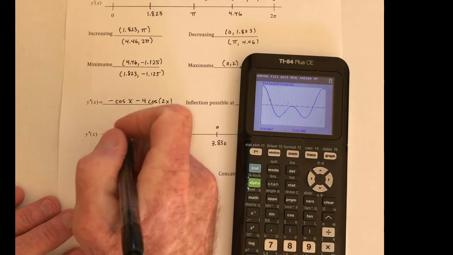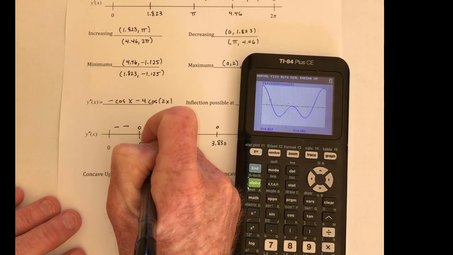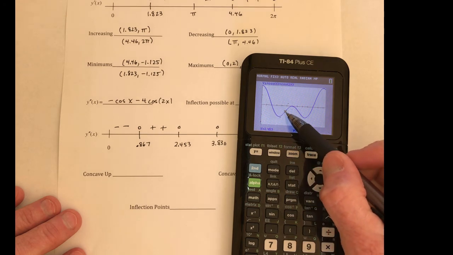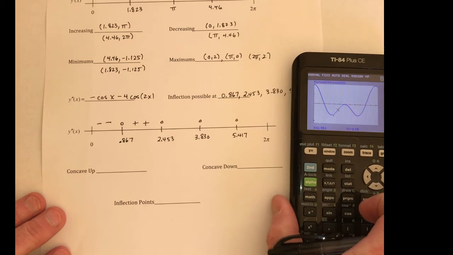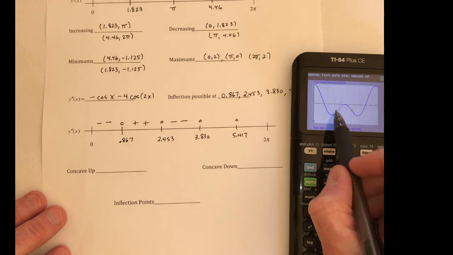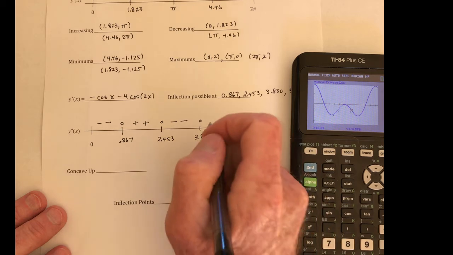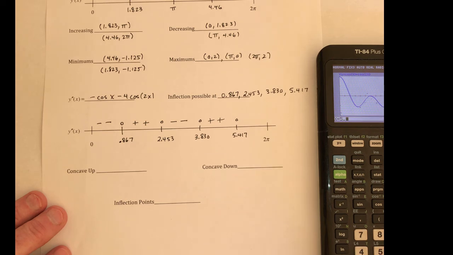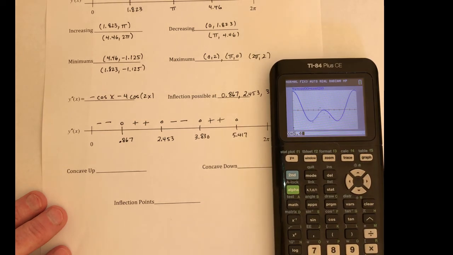So since it's concave down, that means the second derivative is negative, and then it switches to positive, and then at 2.453, it's going to switch from being concave up to concave down. So this next interval would be negative, and then at 3.83, it's going to switch from concave down to concave up. And then this last part from 5.417, this is going to be concave up, and then that's going to be concave down.